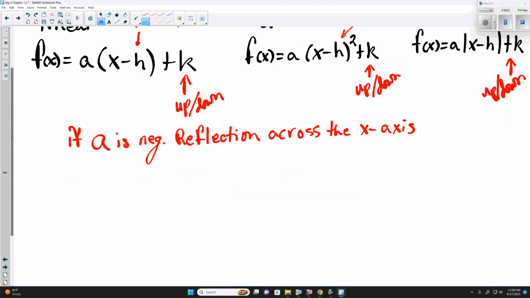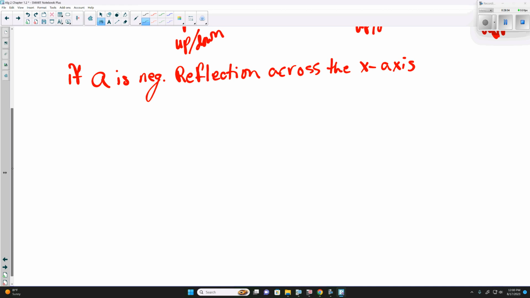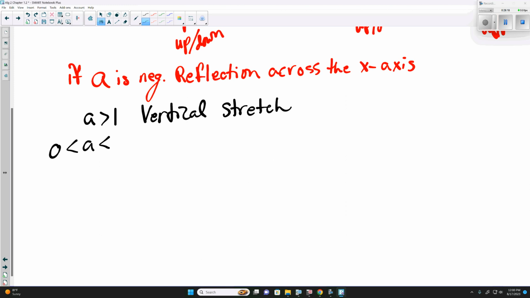So guys, I would definitely make sure to get this down. Whenever a is greater than 1, it is a vertical stretch. When the value of a is between 0 and 1, it is a vertical shrink.